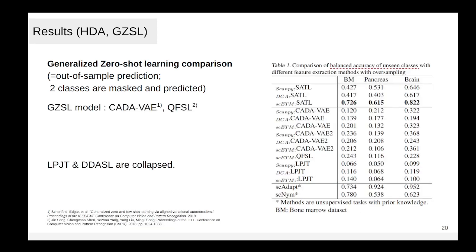Here we show the balanced accuracy of unseen classes for SATL and other generalized zero-shot learning models, and also some of the heterogeneous domain adaptation methods. And among all the methods, our SATL approach showed the highest balanced accuracy of unseen class label predictions.